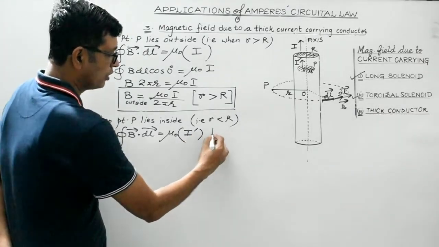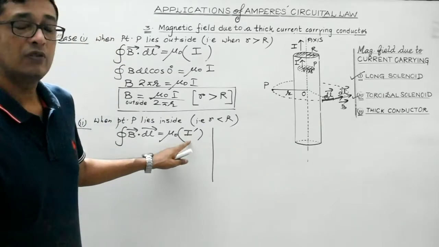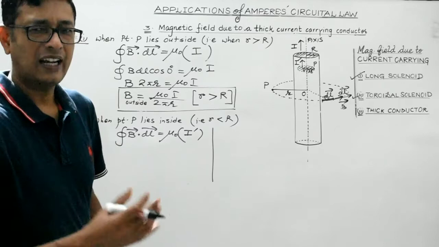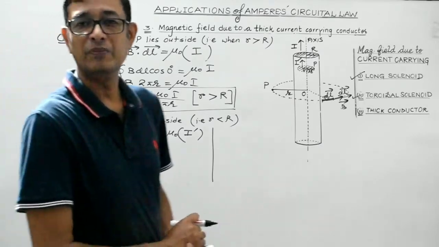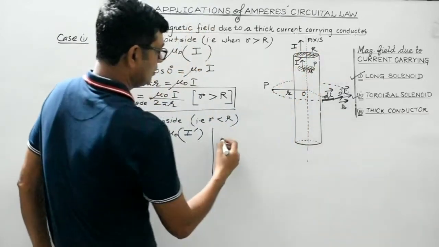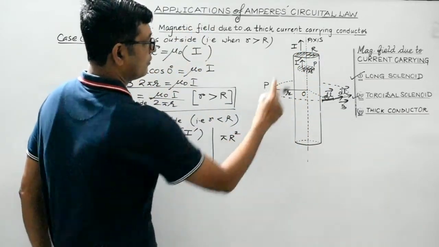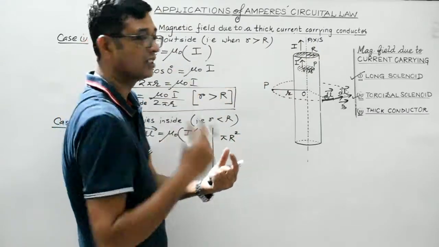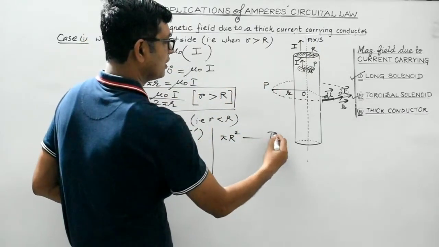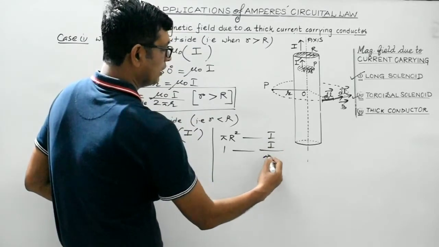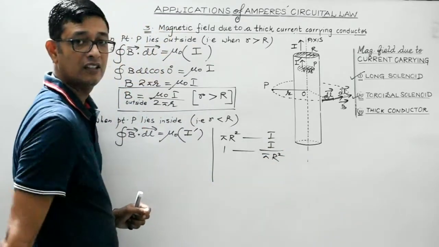Now, what we do is, students, we need to represent I dash in terms of I. So, that can be done with the help of the unitary method. It's pretty simple. Look, for area pi R square, that's the cross-section area of the original conductor, the current flowing is I. For unit area, the current flowing would be I over pi R square.